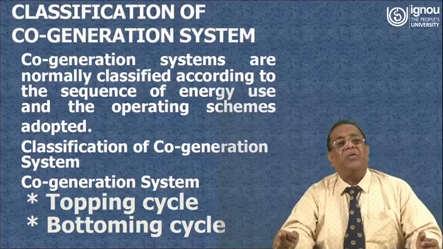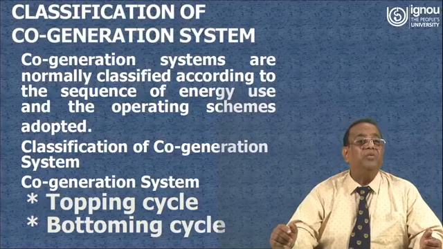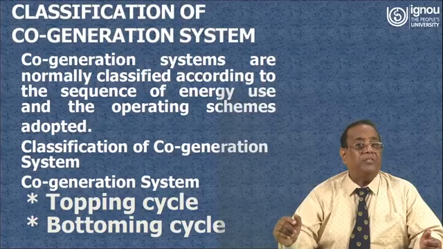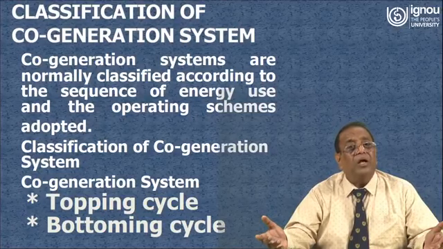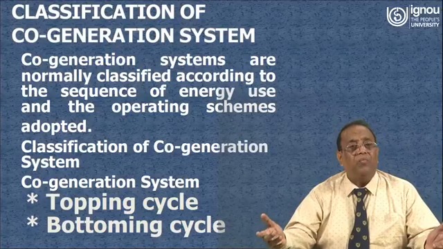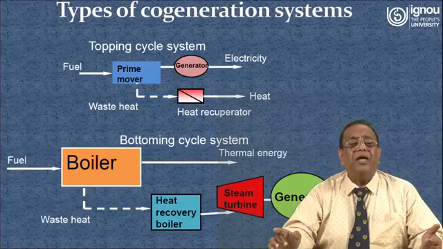Cogeneration systems are normally classified according to the sequence of energy use and the operating schemes adopted. The classification is topping cycle cogeneration system and bottoming cycle cogeneration system. Now, see the diagram.